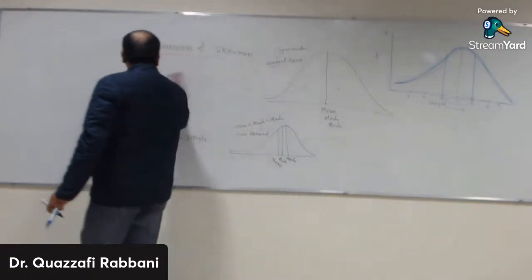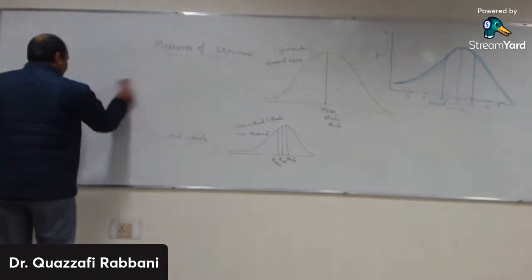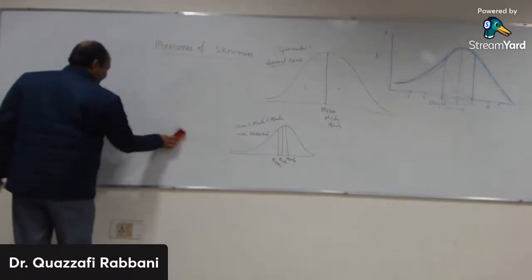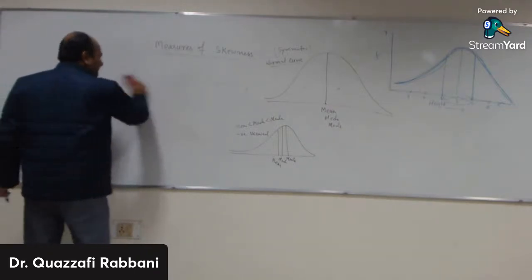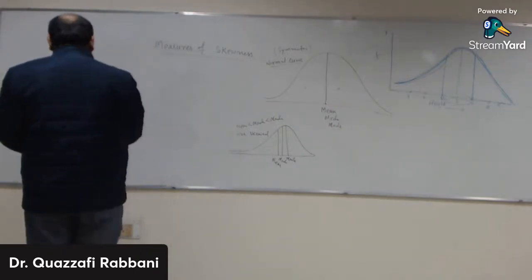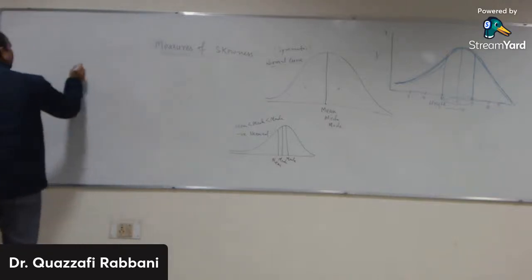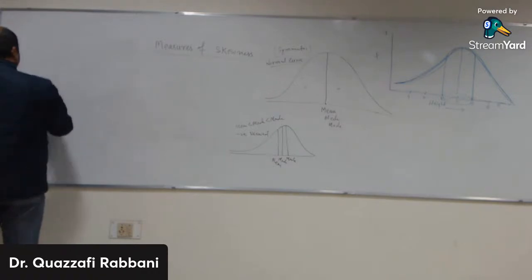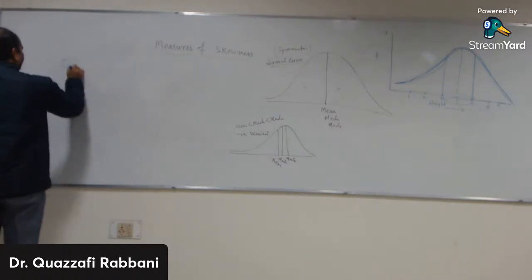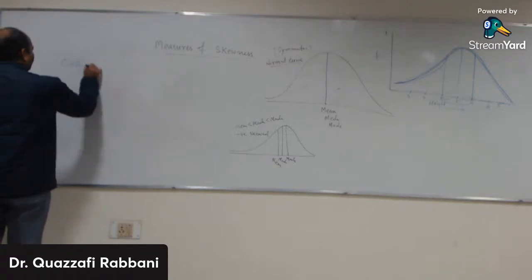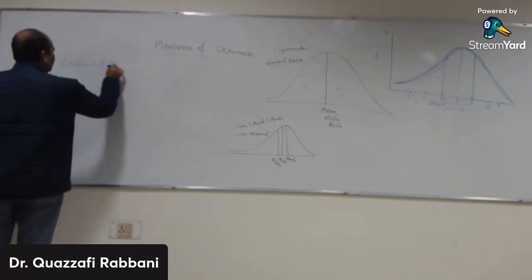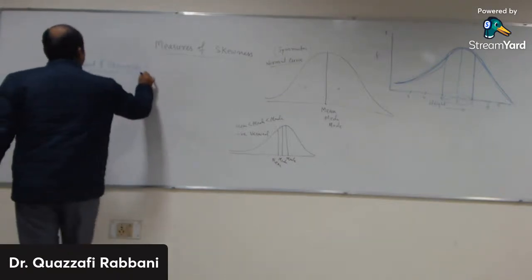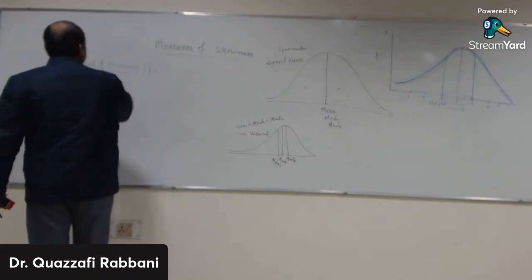There are some methods which are used to find the skewness, the coefficient of skewness, and this is generally denoted by beta 1.